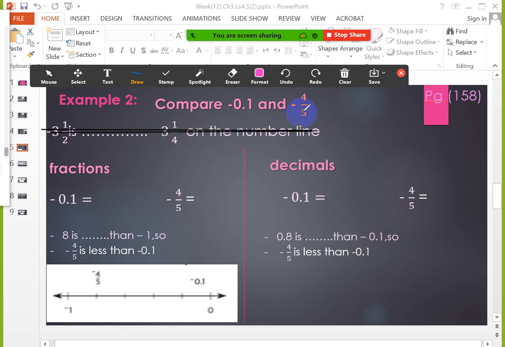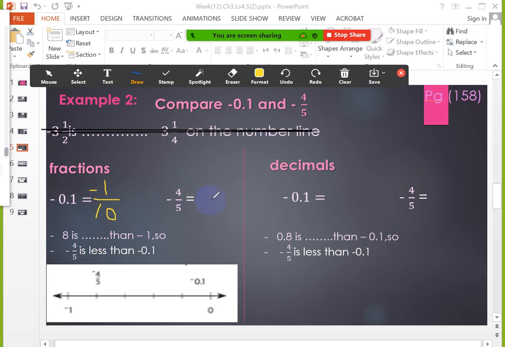But if I want to write the decimal as a fraction, very easy actually, because if I want to write negative 0.1 tenth, the decimal means a fraction with 10 in the denominator, right? That means this one will be negative 1 over 10, right?